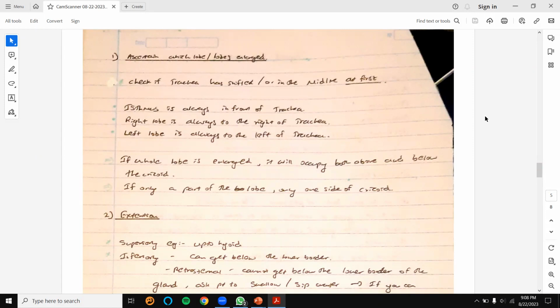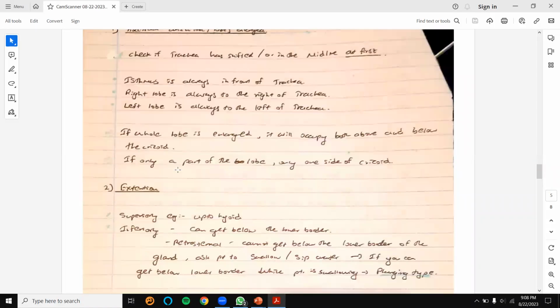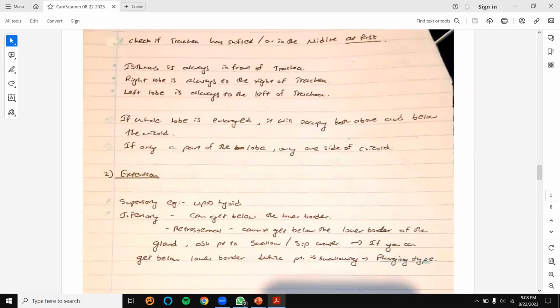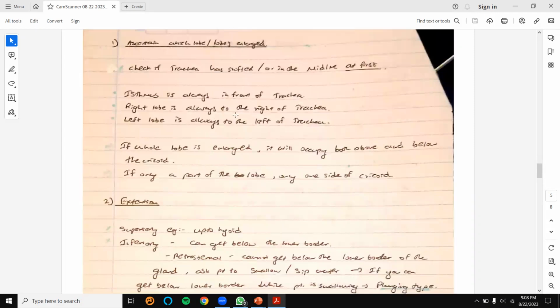So what I recommend is to palpate for tracheal deviation from in front and then go behind and palpate the thyroid. When you palpate from behind, if you feel an enlargement on the right side of the trachea, you know it's the right lobe. If you feel an enlargement on the left side of the trachea, it's the left lobe. And if you feel an enlargement in front of the trachea, that is more likely to be the isthmus.